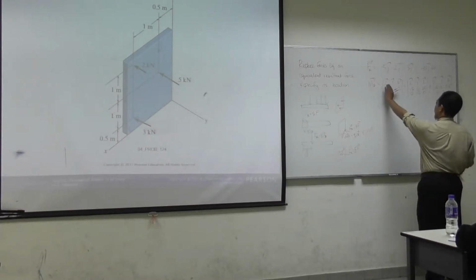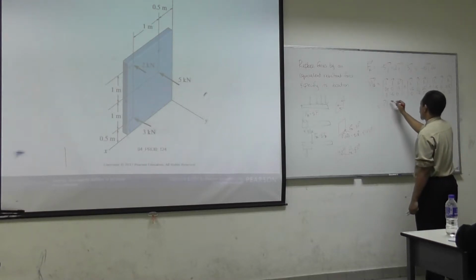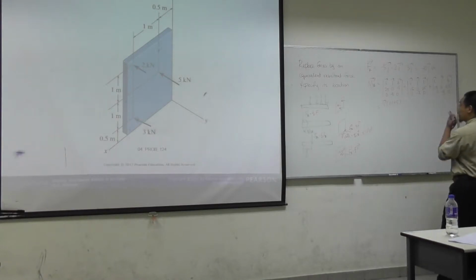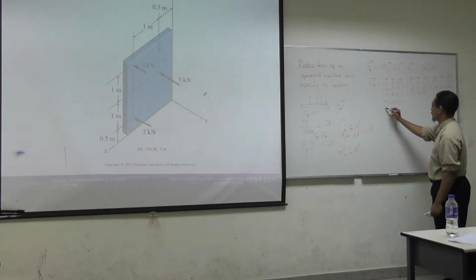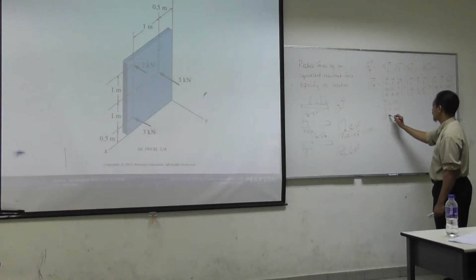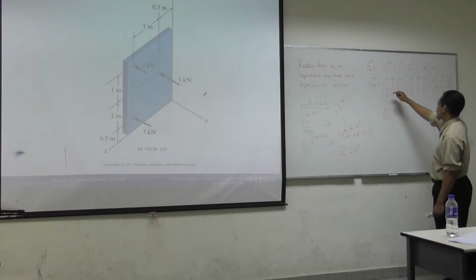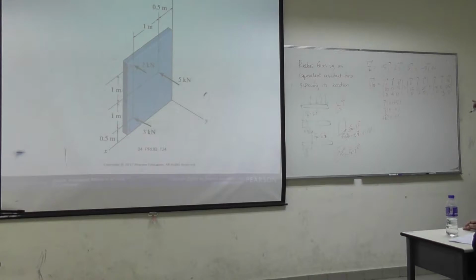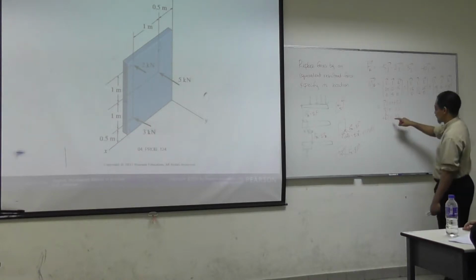So basically for I, we have 0 minus, this is 1.5, 0 plus 7.5, is it? Yeah. And then minus J, 0 and 0, right? Plus K, 0 and 0. K, sorry, this is not 0, right?